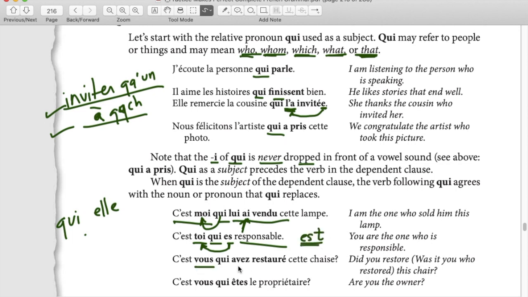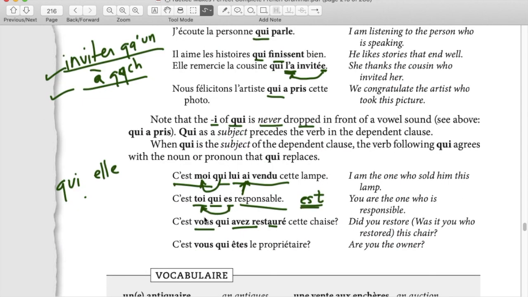C'est vous qui avez restauré cette chaise. C'est vous. That's why avez restauré. This is very logical, so you don't even have to remember it. It becomes second nature. C'est vous qui êtes la propriétaire.